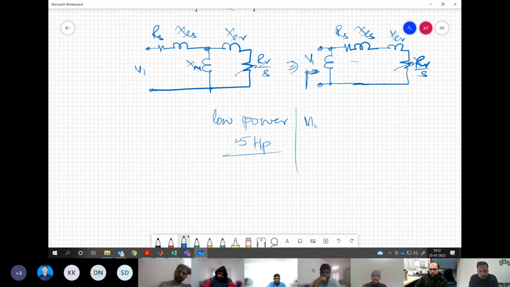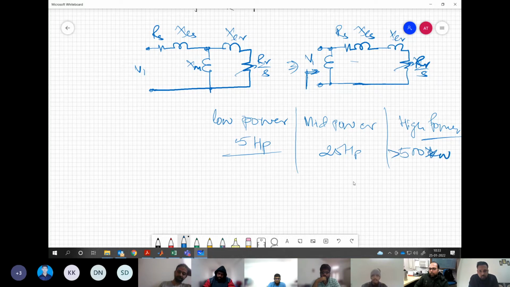Then there may be a category of mid power range, something like 25, 30, or maybe up to 100 HP. And then the high power motors, where I am talking specifically about power levels going above 500 kilowatt.